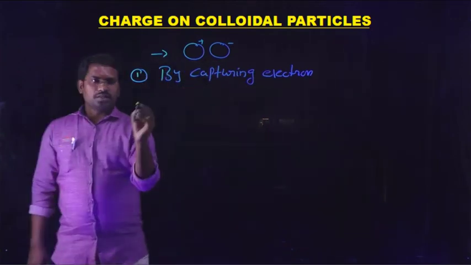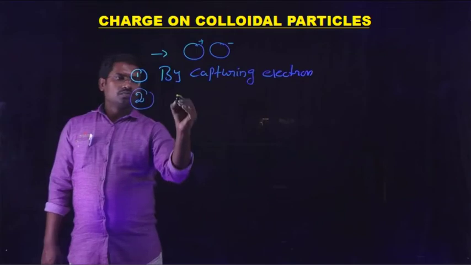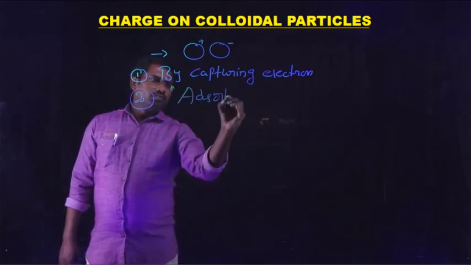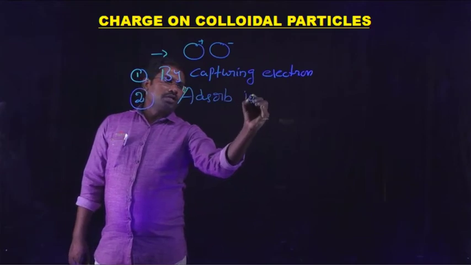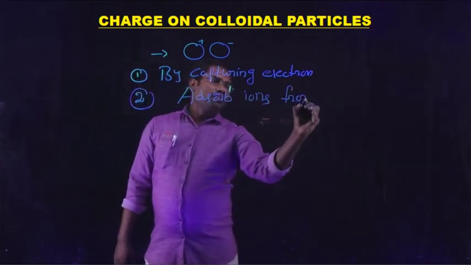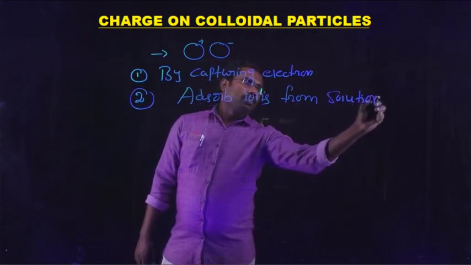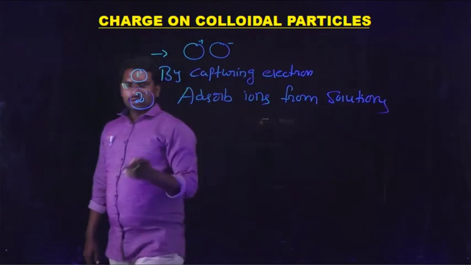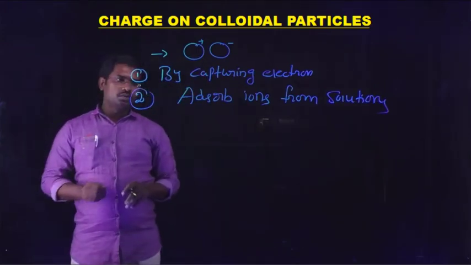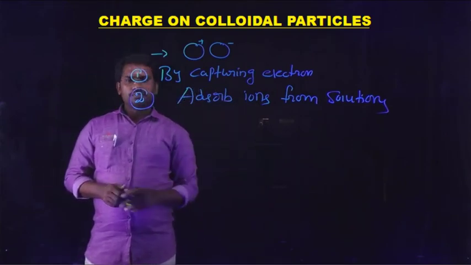And another important thing is they adsorb some ions from other solutions. So based on the second point, colloidal particles gain either positive charge or negative charge, that is, colloidal particles adsorb ions from the other solutions.